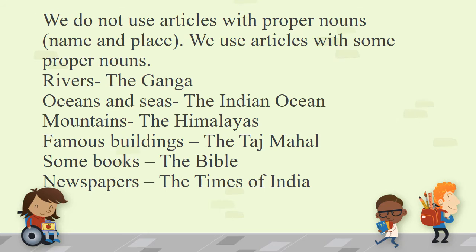We do not say the Rajkot, the Mumbai. But we use articles with other proper nouns. For example, the Ganga, then the Indian Ocean, the Himalayas, the Taj Mahal, the Bible, the Times of India.